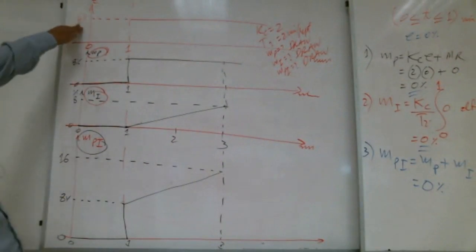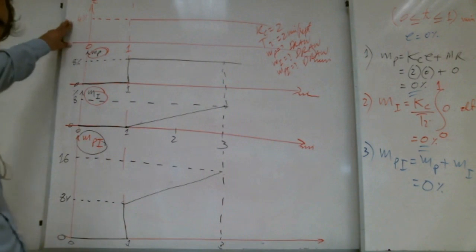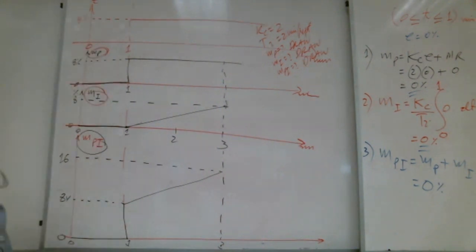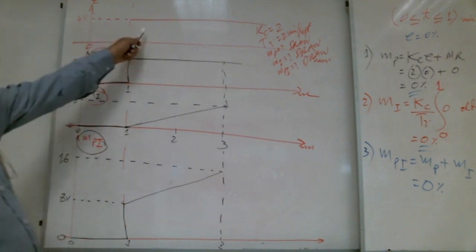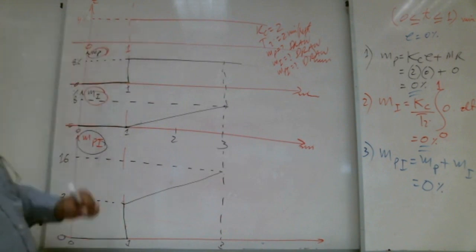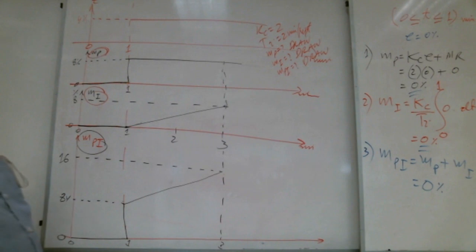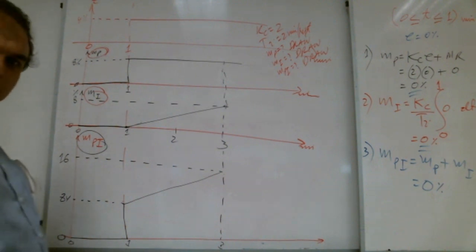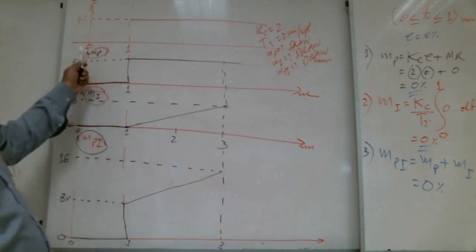So what we did? This error is given. How many parts are there for this curve? 2 parts. That's good. So 1 is from 0 to 1.